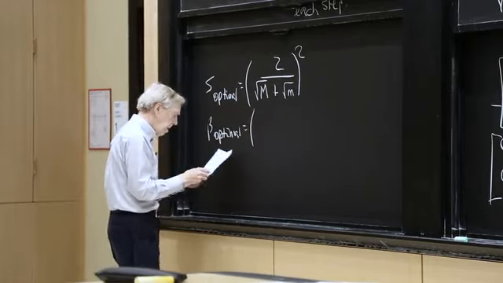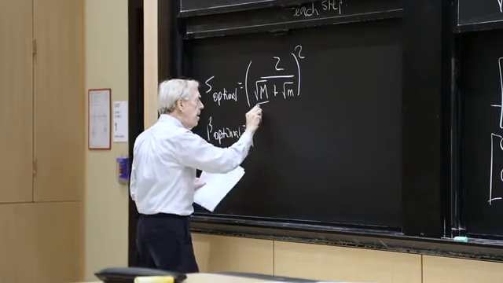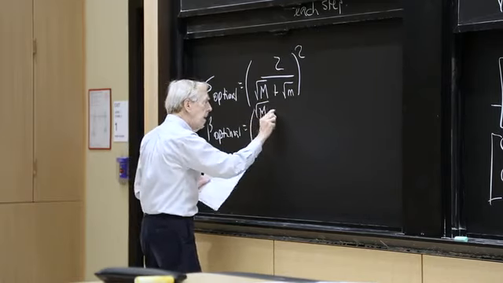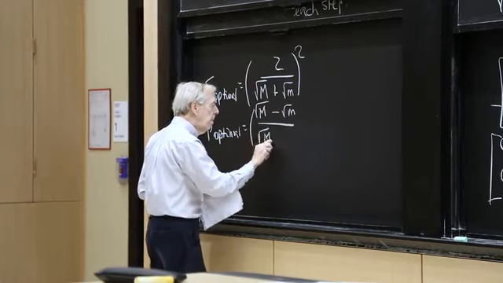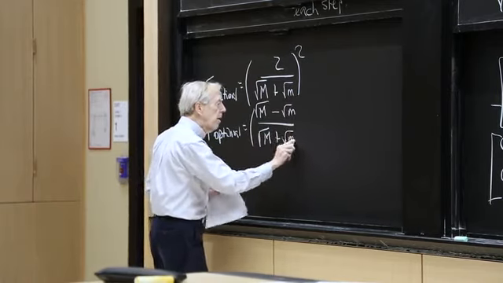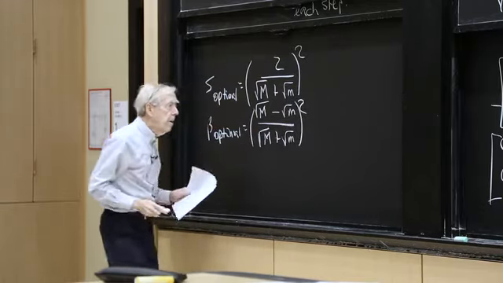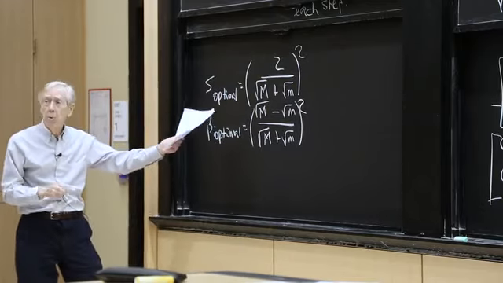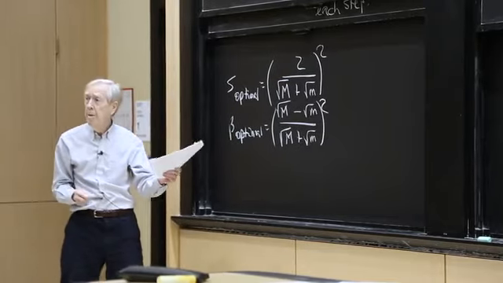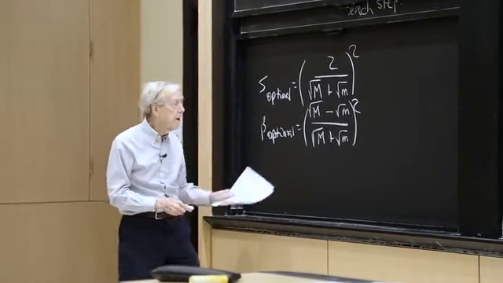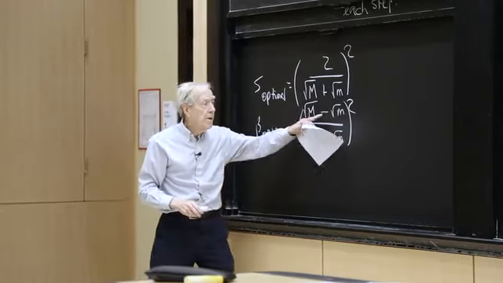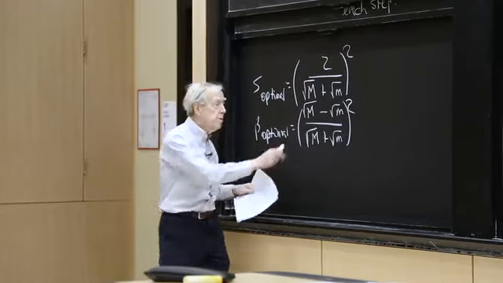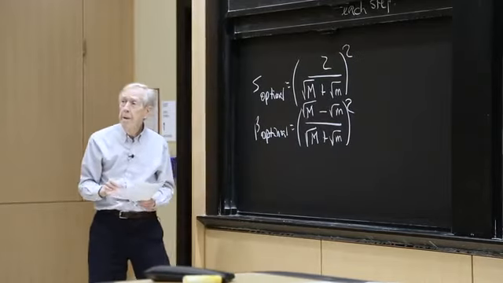Okay, and beta optimal turns out to be the square root of M minus the square root of little m over the square root of M plus the square root of little m, all squared. And of course, we know what these numbers are, 1 and b in our model problem. This is 1 minus the square root of b.